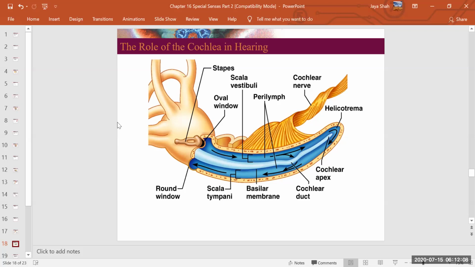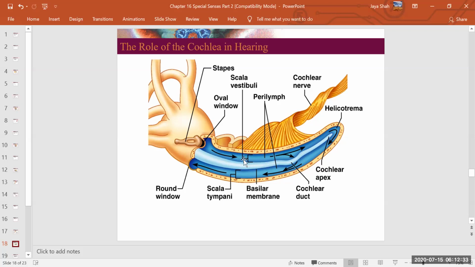So how do we hear? When I say hello, that hello sound from my mic goes to your ear. Your ear collects the sound wave, channelizes it through your external acoustic meatus, and moves the tympanic membrane. The tympanic membrane moves all the bones, the ossicles, then ultimately the foot process. That moves the fluid here in the scala vestibuli.